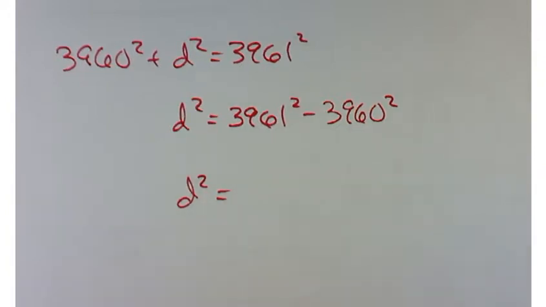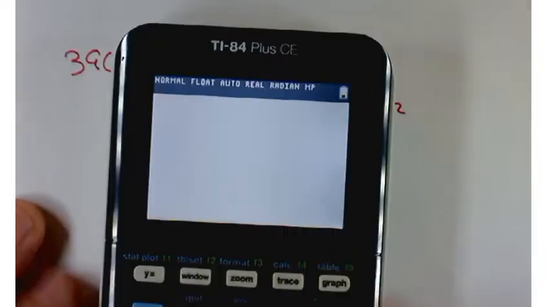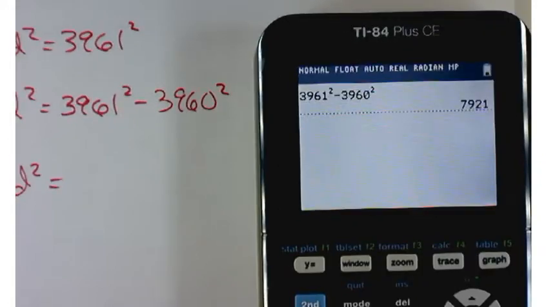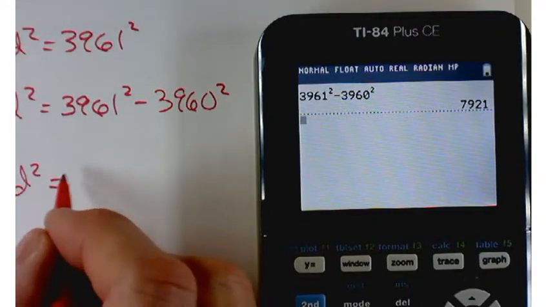But you know what? Let's just do it on a calculator. So 3,961 squared. How about if I do the squared key? There we go. Squared minus 3,960 squared, and then I want the square root of that. So that's 7921.